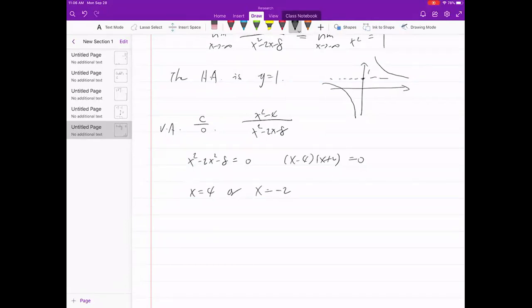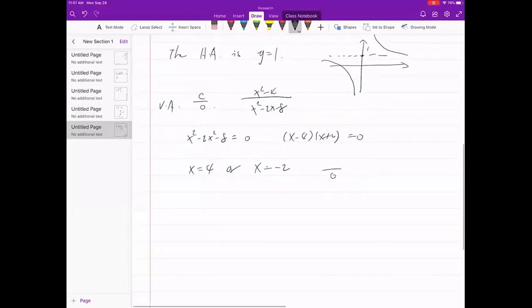But keep in mind, what I just did is I set the bottom to be 0. So I guaranteed you are dividing by 0, but you don't know yet if it's going to be a constant divided by 0 or 0 over 0. Because this may be a hole, which is not a vertical asymptote, which can be trouble.